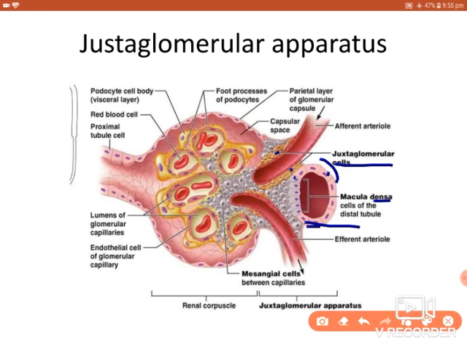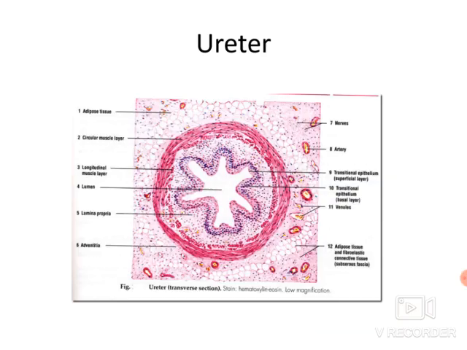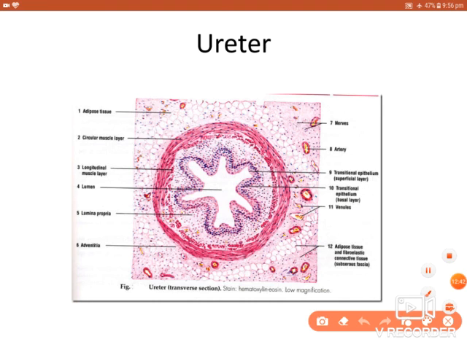That is the function of the macula densa and the juxtaglomerular cells. Here you can see the mesangial cells. Together these form the juxtaglomerular apparatus. That's all about the structure of the kidney.